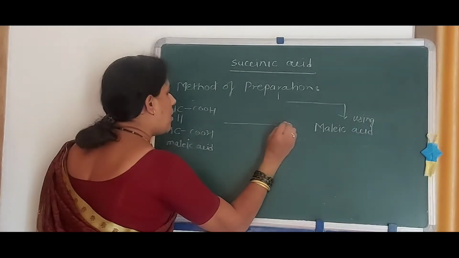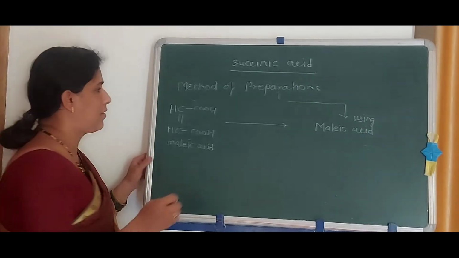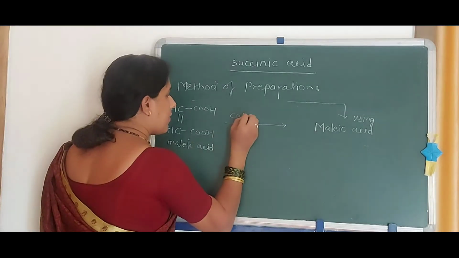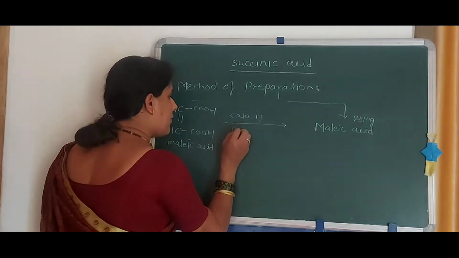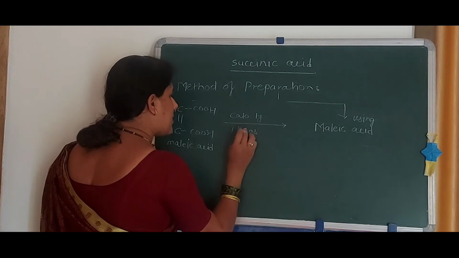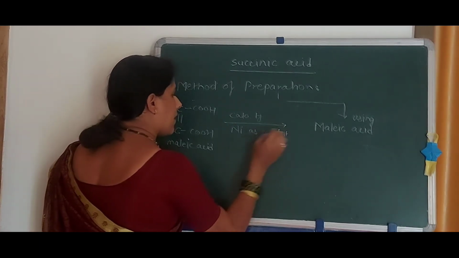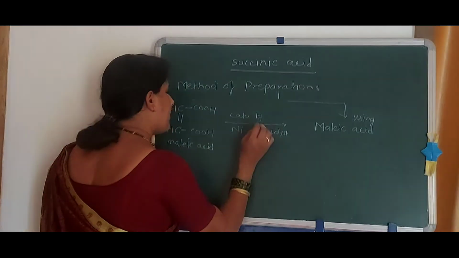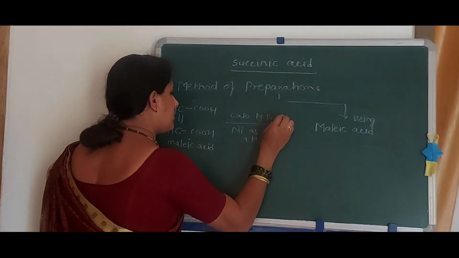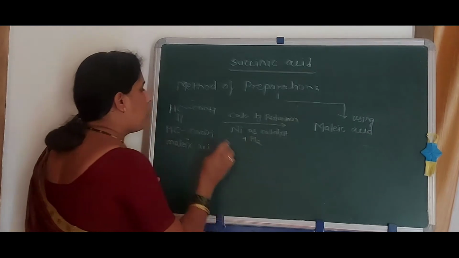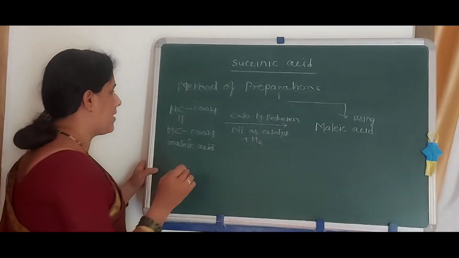Malic acid on catalytic reduction, catalytic reduction, Ni as a catalyst plus H2 reduction, we get succinic acid.